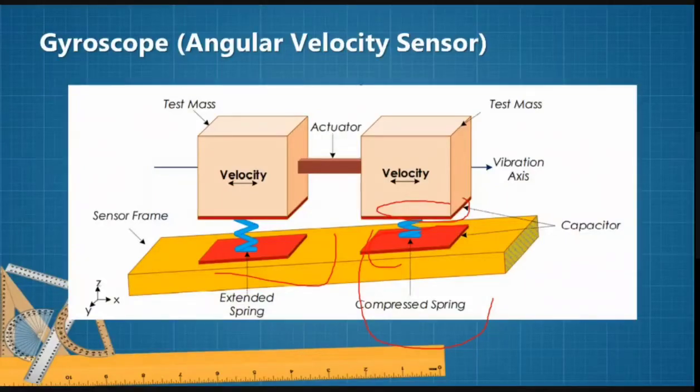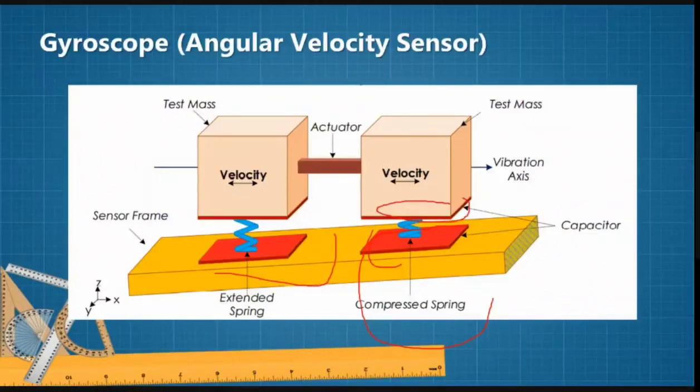If the sensor rotates a certain amount and then stops, the test masses, due to the springs that connect them to the package, will reposition themselves parallel to the package as they were initially. This sensor is not, however, an orientation sensor, but an angular velocity sensor.